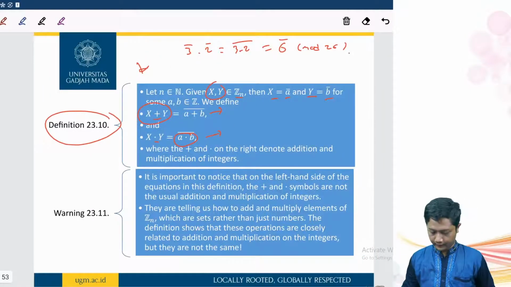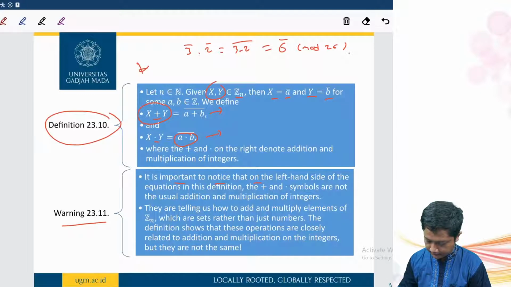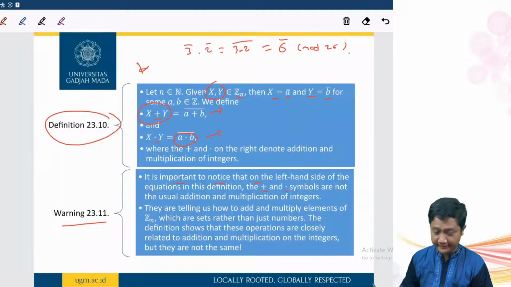Please remember, it is important to notice that on the left hand side of the equations, we use plus and times, but this plus and times are different from the usual addition and multiplication.